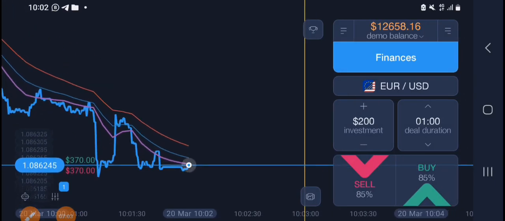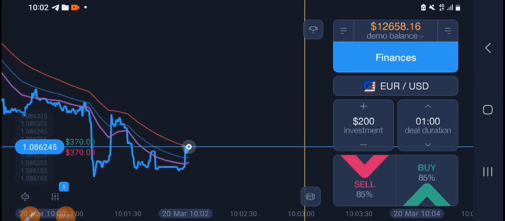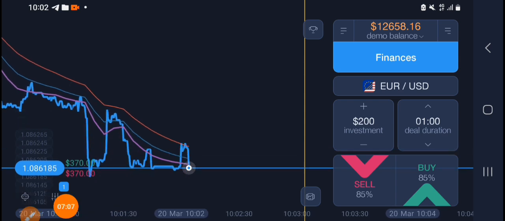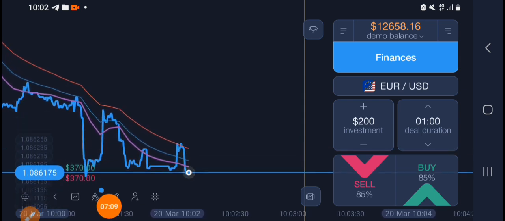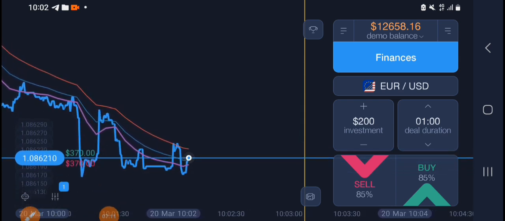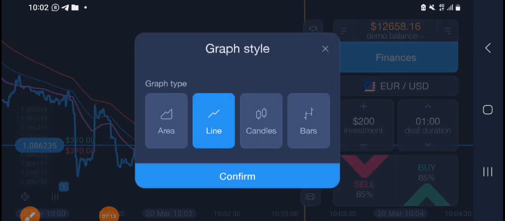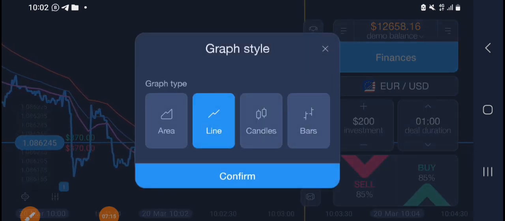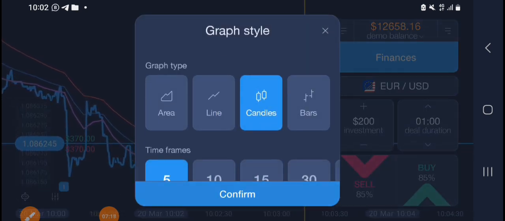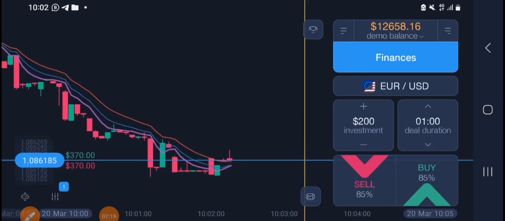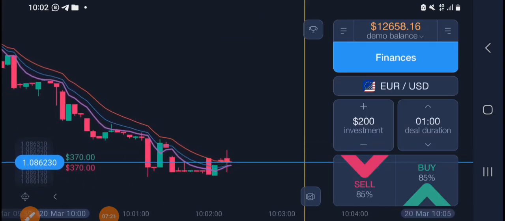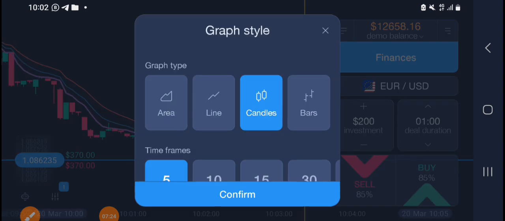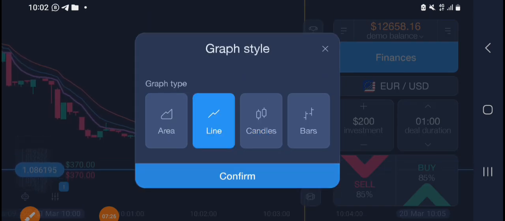right here now, there are settings that are involved. So these settings right now, you can use candlestick. This is how candlestick looks like. You can choose lines.